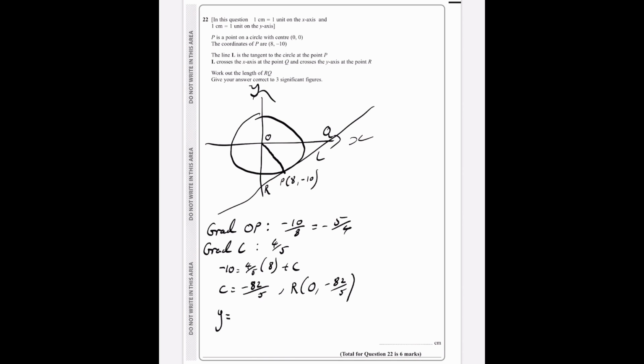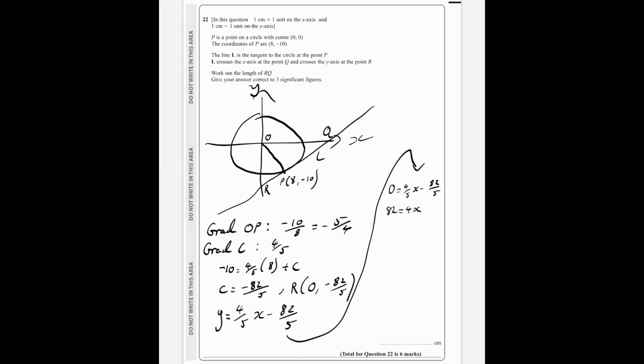To find our point Q, well, our equation of line L, y equals 4/5 x minus 82/5, we can substitute y to be 0 because the y-coordinate of any point on the x-axis is always 0. So substitute y to be 0 and solve the equation to find the x-coordinate.